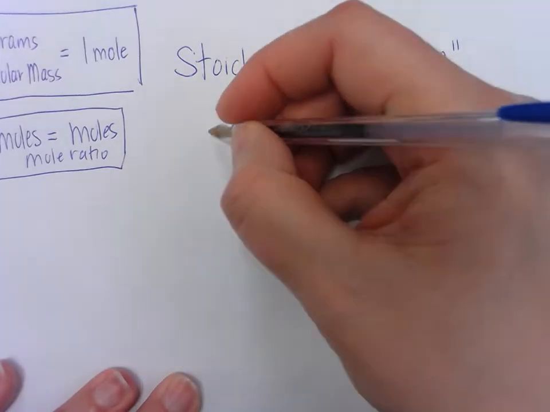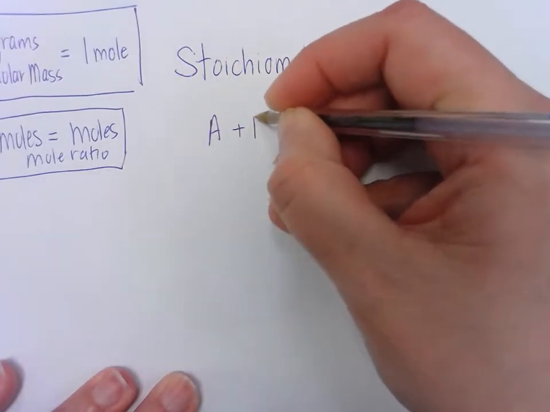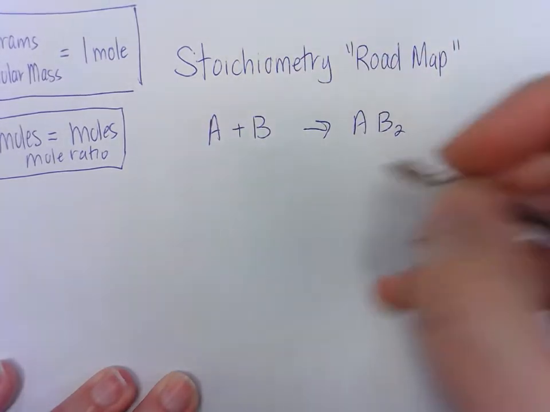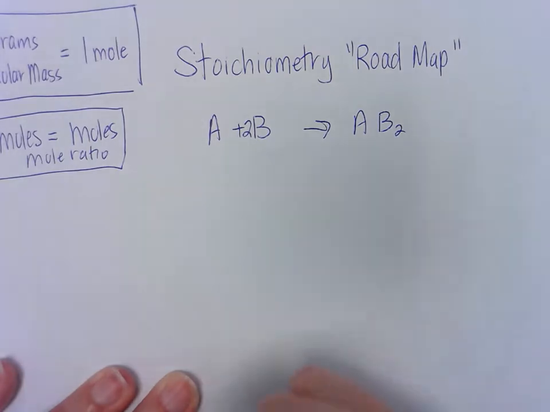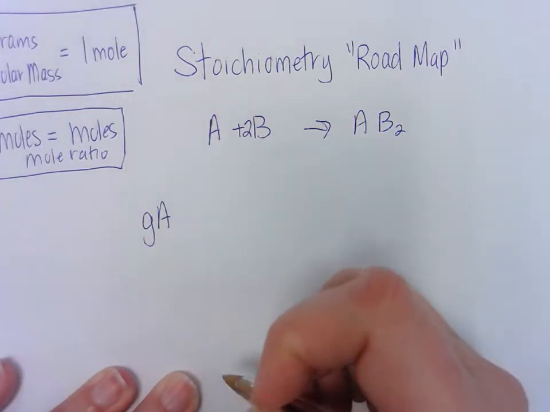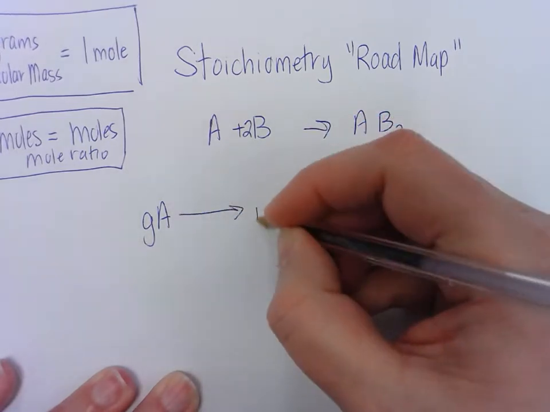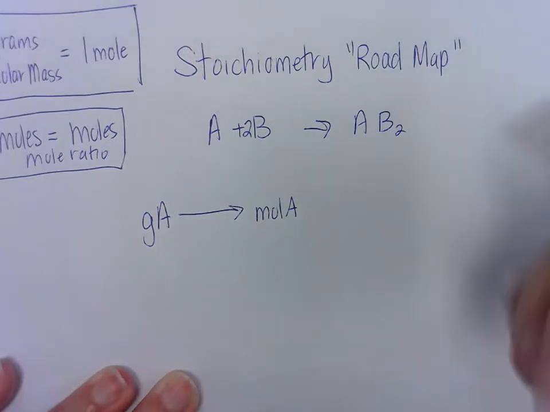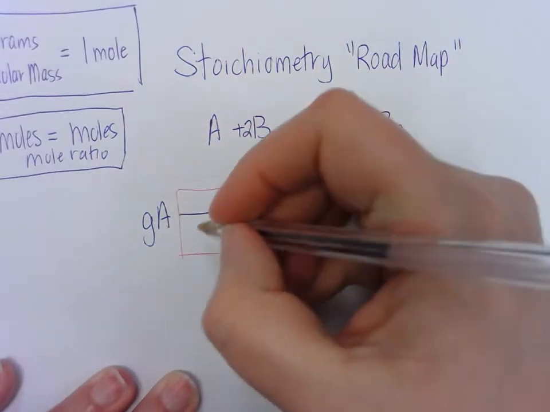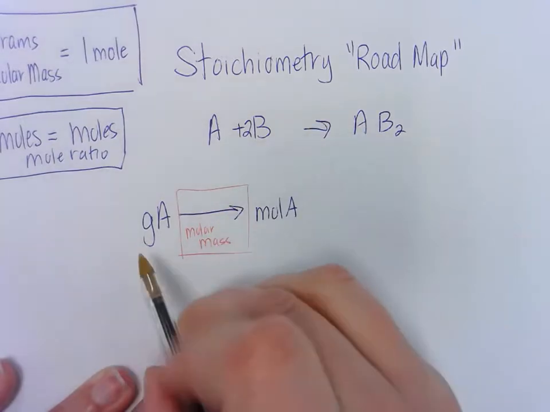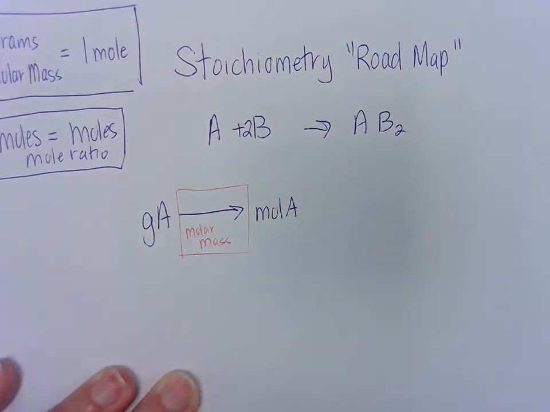Typically we have some kind of equation. You have A plus B might make AB, and let's just make it more entertaining and put some numbers in here. So if we're starting with grams of A, we're going to convert to moles of that same substance A using the molar mass, because we can convert between grams of one substance and moles of that same substance.